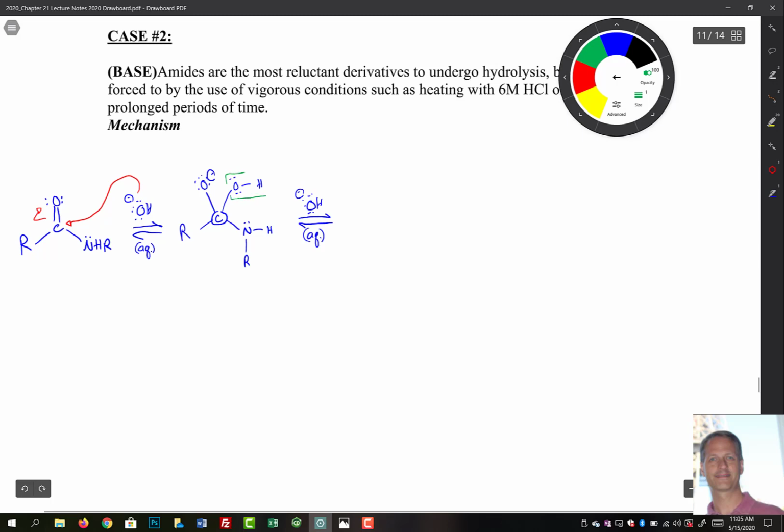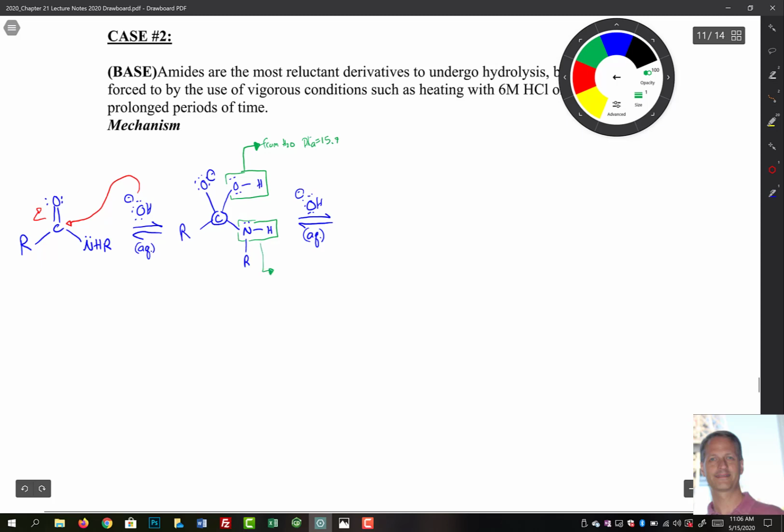Who gets deprotonated? So we could deprotonate here, or we could deprotonate right here. And these aren't solid numbers because they're slightly in different environments than a normal alcohol or an amine, for example. But the pKa of this comes from H2O, right? So if we look at the acid that gives rise to this, that is a pKa of 15.7-ish.